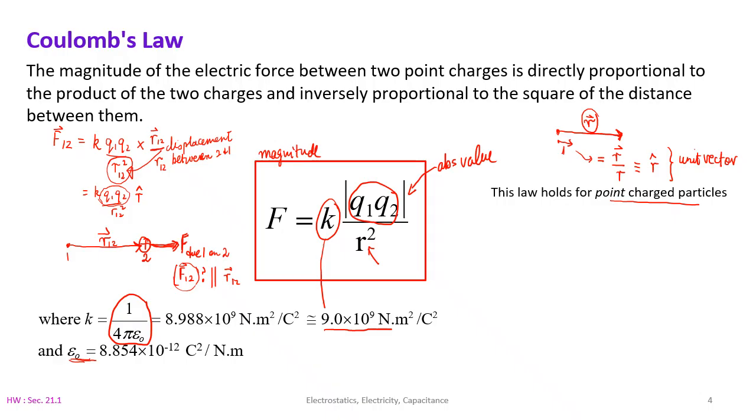If one of them is negative, then you'll have a negative sign there and it will point in the opposite direction. So it's all good. So, oops, I accidentally deleted that and I thought I was highlighting it. F12. So we have here a full vector expression for the electric force.